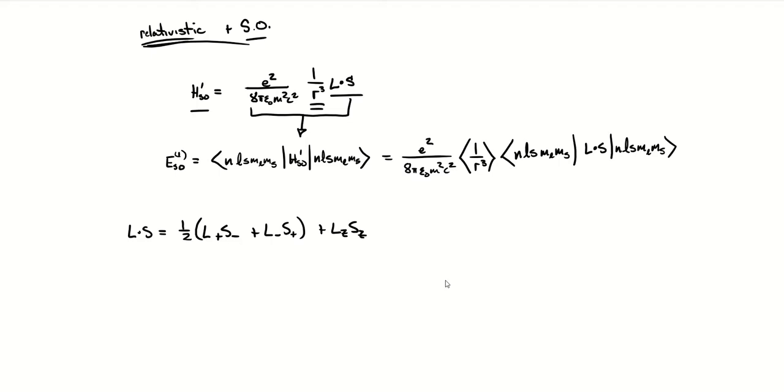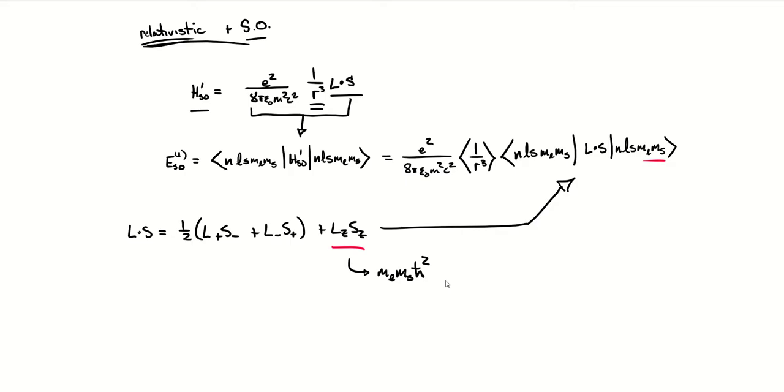And so we can sub this in as our operator and determine what those elements are. If we look, we can see this term of the Hamiltonian is diagonal in these bases, and it's just going to give us an m sub L, m sub S, h bar squared term.